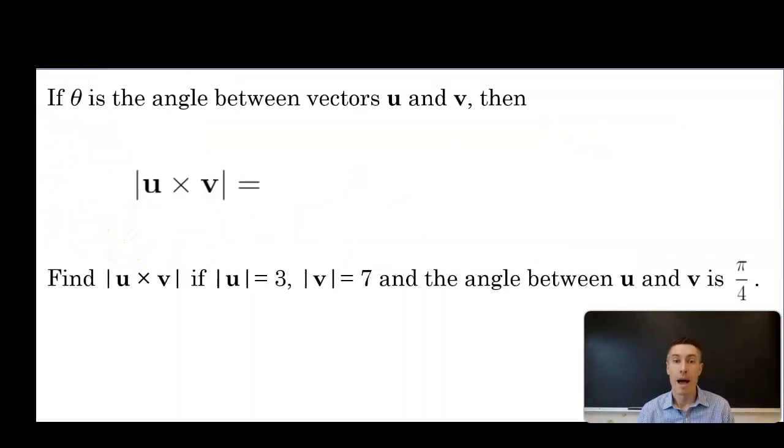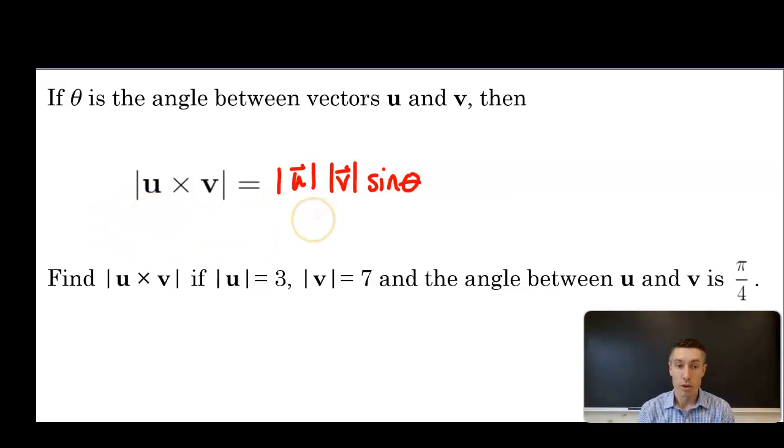So now talking about the magnitude of the cross product vector. If theta is the angle between vectors u and v, then the magnitude of u cross v is equivalent to the magnitude of u, the magnitude of v, times sine theta. Why that's the case, we'll look at in the problem set. There's a problem that will address it and confirm this to be the case.